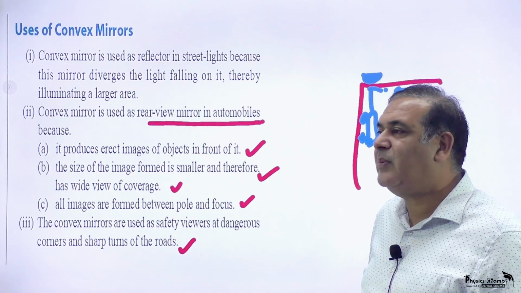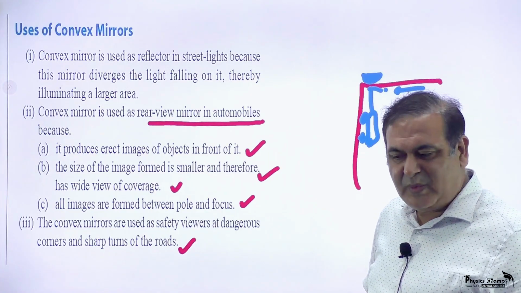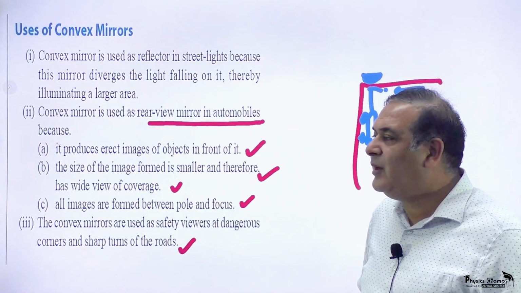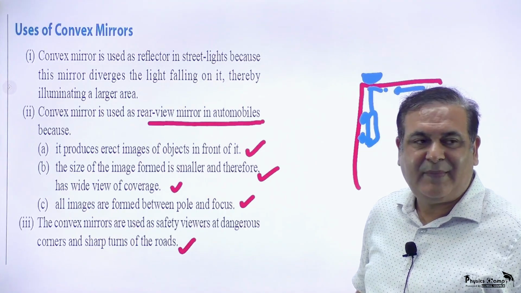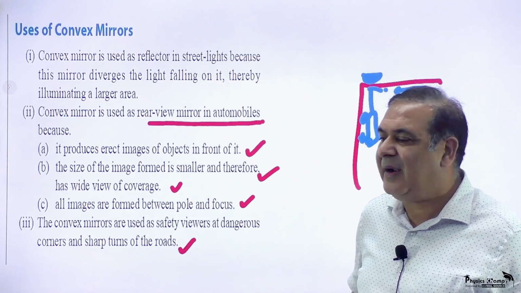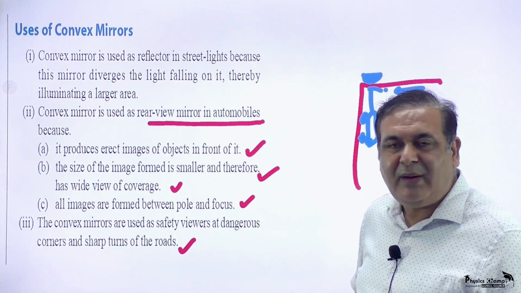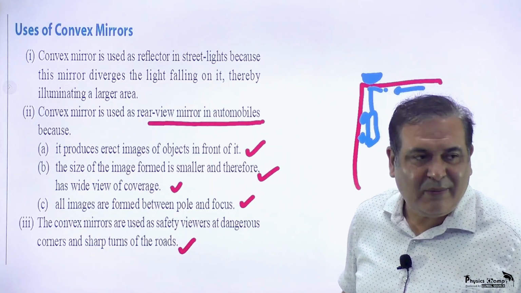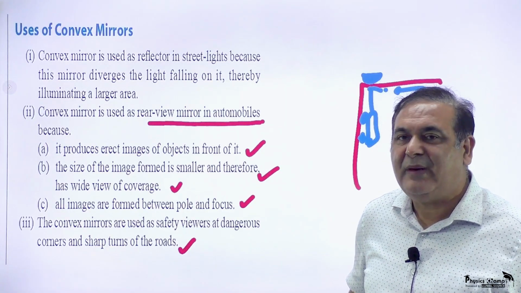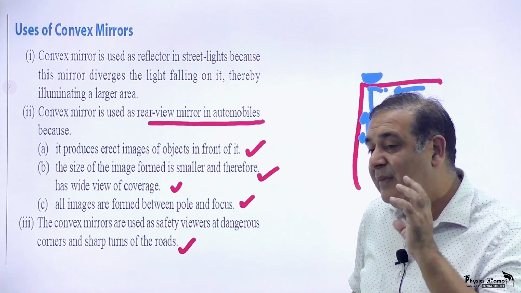Convex mirrors are used to help you at those dangerous turns. So these were examples, and I hope you have learned very well the image formation in concave mirror and convex mirror. Now it is a question of just practicing by your own.